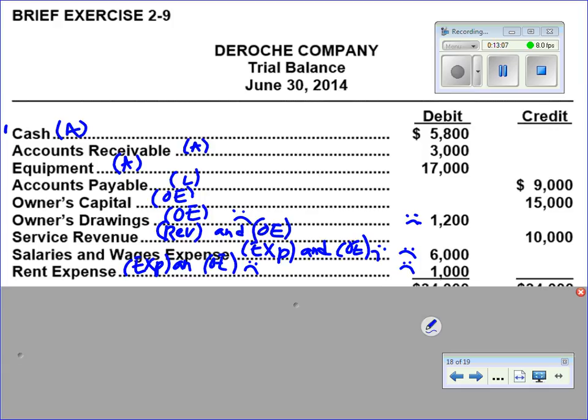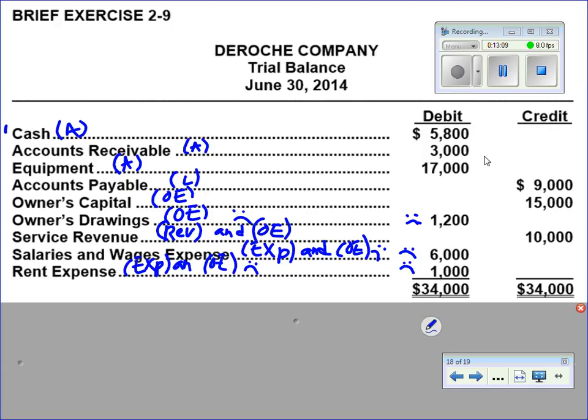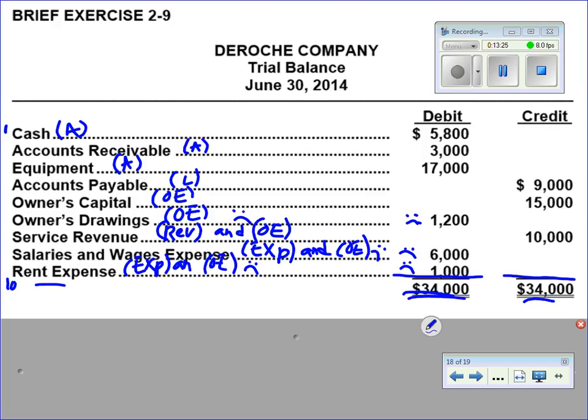What line is your next one on? Notice nothing's listed there, and it's a simple add up all the debits, add up all the credits. We're going to single rule where math is involved, and we are going to double rule at the end. I hope your double rules don't look like mine.